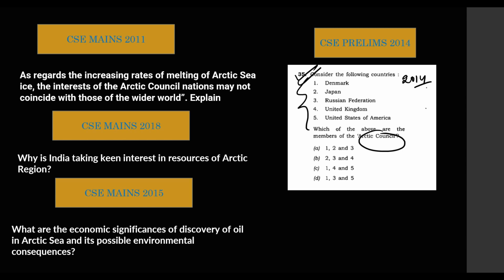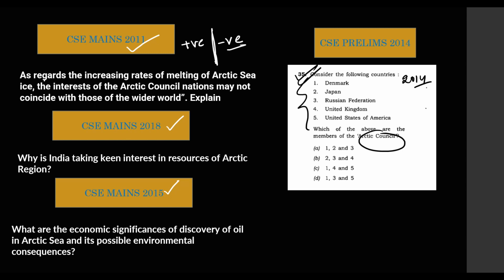Coming to the mains question, you can see here UPSC has asked a lot of mains questions from this section, starting from Civil Services Mains Examination 2011, then 2015, then 2018. The focus of the mains questions on this topic is on both the positive and the negative impact of the melting of Arctic Sea.